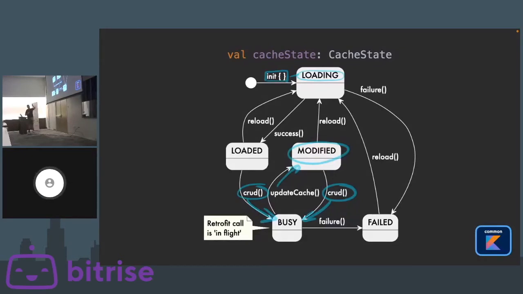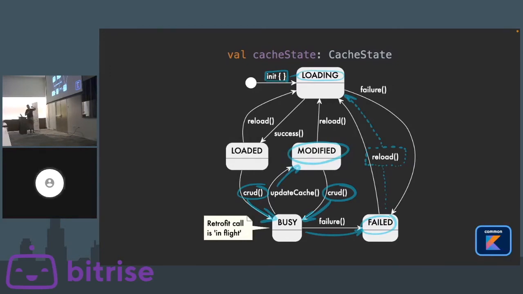We are ending in a modified state because we do want to be able to track the fact that we have a bit of a local dirty copy if ever we need to update it. So if, for example, a request failed at some point, we could simply say, okay, well, we failed to reset our application. We'll prompt the user to do something about this failure, either go get a network signal if that's why we failed, or perhaps check your credentials if you failed because the authentication has not worked.